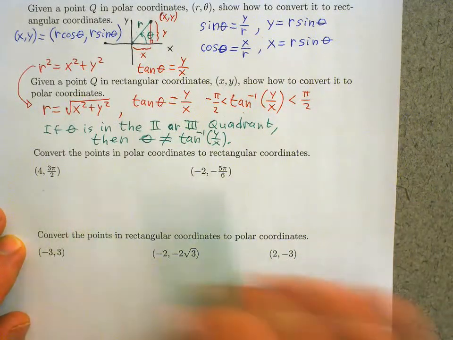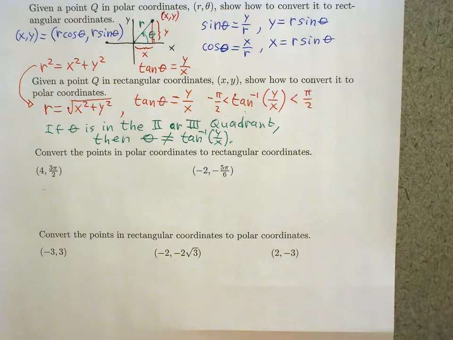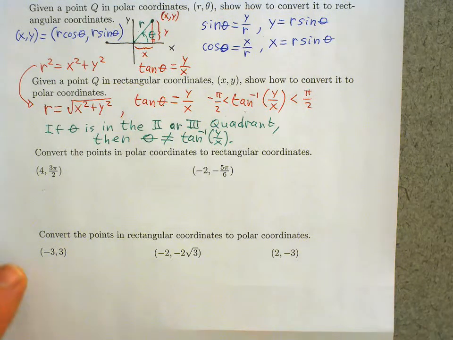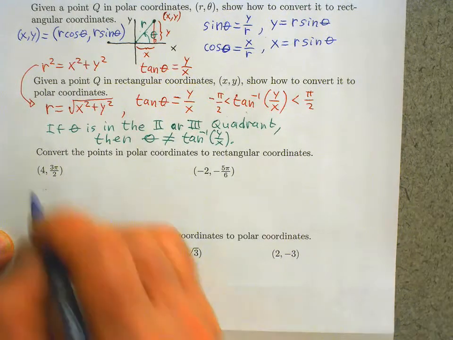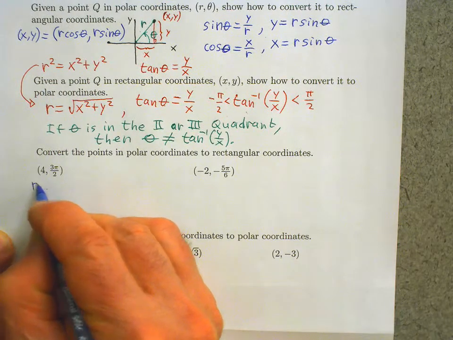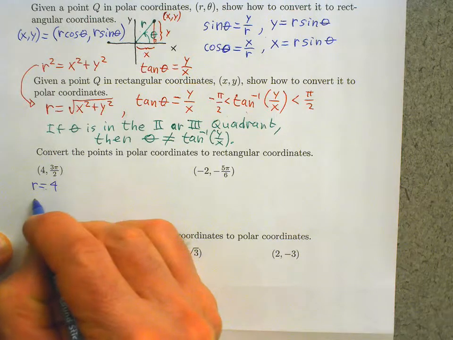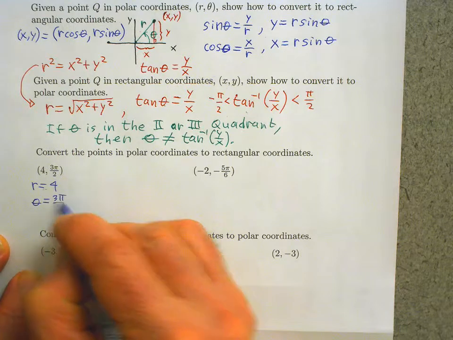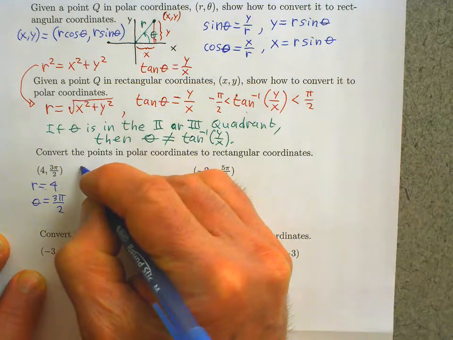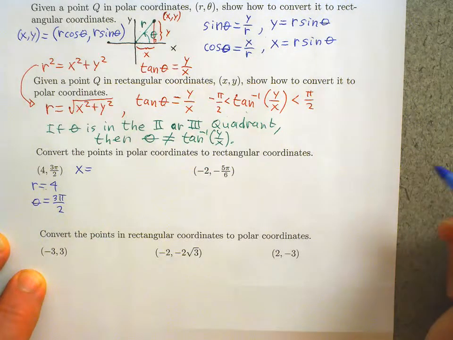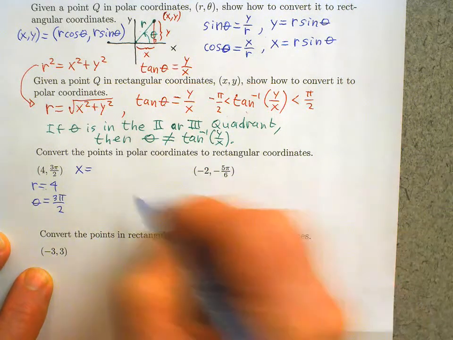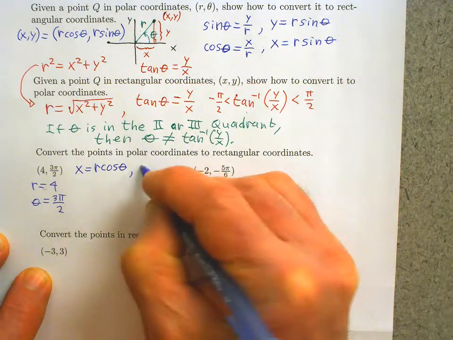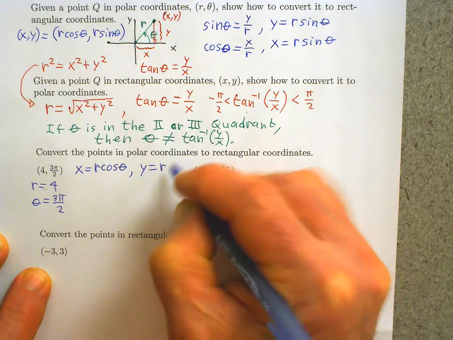Okay, this one, convert the points in polar coordinates to rectangular coordinates. So the value of r is 4, and theta is 3 pi over 2. I'll just remind you, x is r times cosine of theta. Y is r times sine of theta.